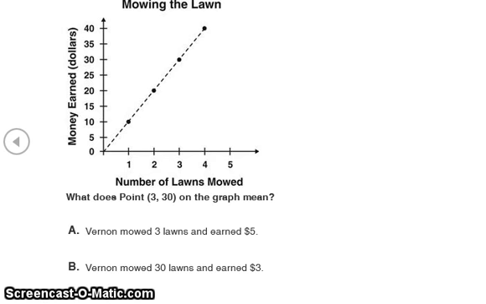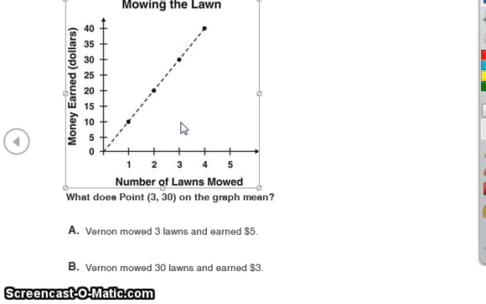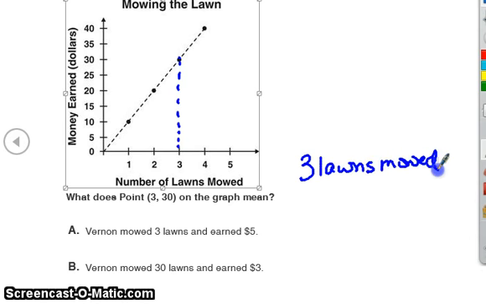3 is our x coordinate. So let's look at 3. So that is 3 lawns mowed. And that means that he earned $30.